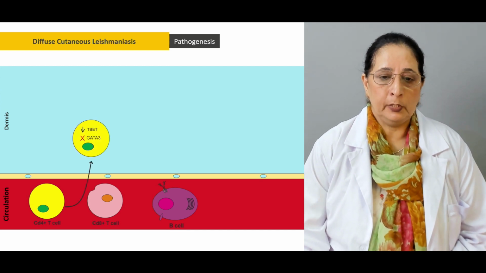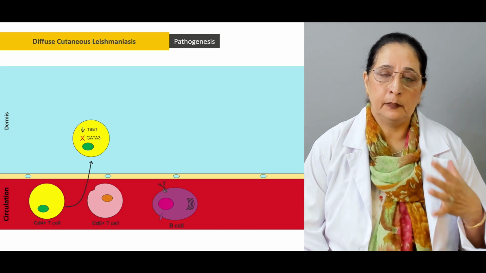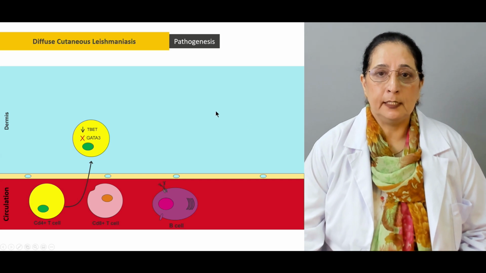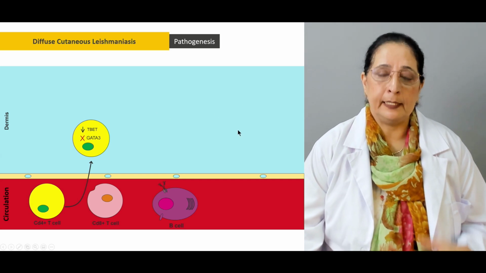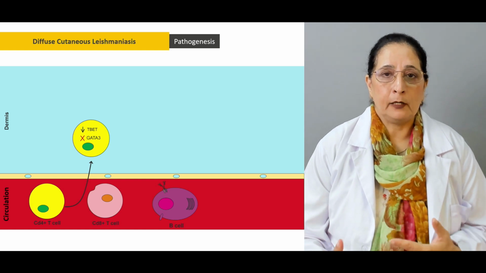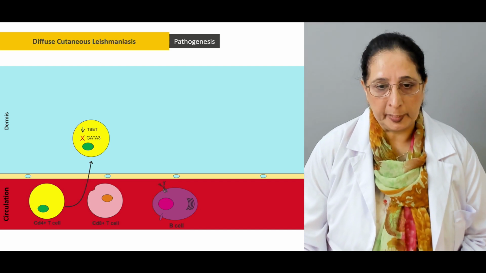In the circulation they are targeted, and then these go into the dermis, the dermal layer of the skin, and bring changes that can cause diffuse cutaneous leishmaniasis.